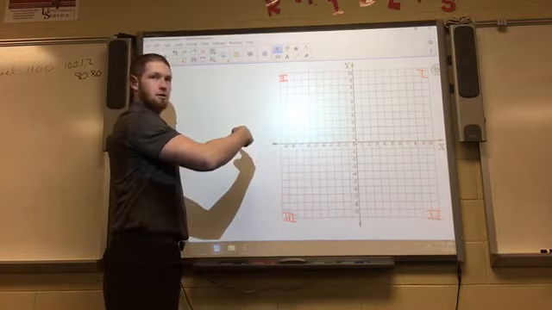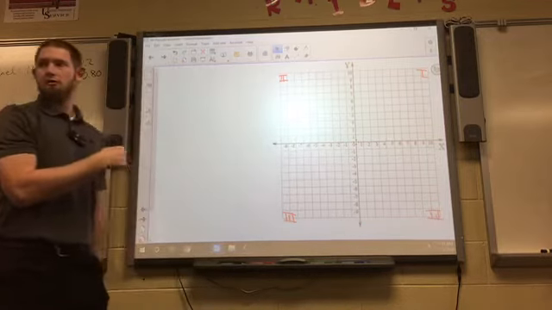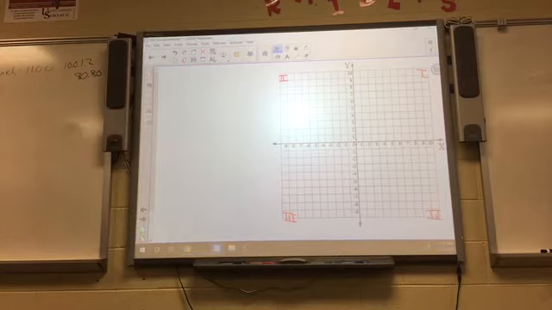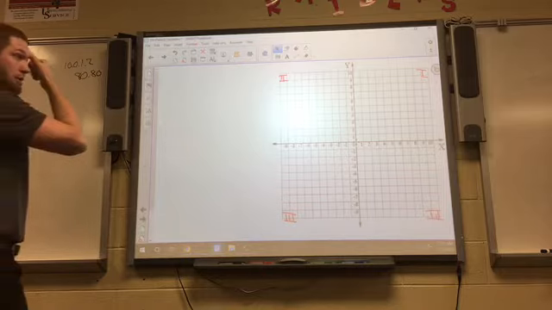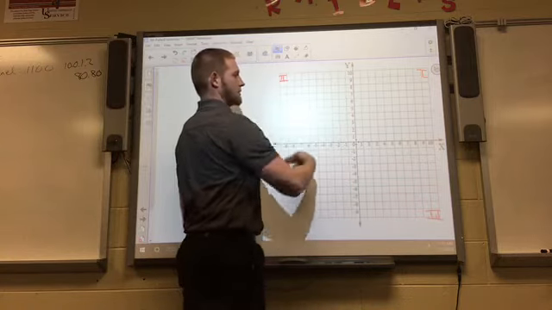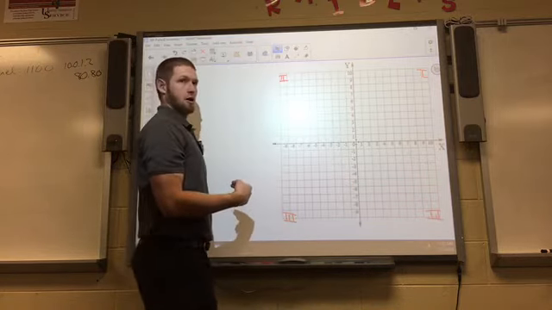Does that make sense? Now obviously if they specifically say rotate 90 degrees clockwise, then you need to go clockwise, right? But if they don't tell you a direction, we go counterclockwise because that's the order that the quadrants go in.